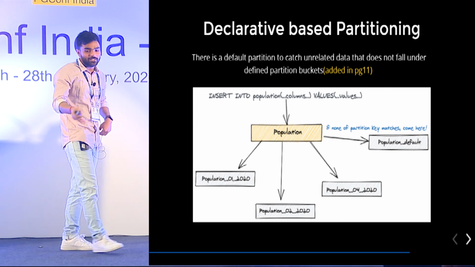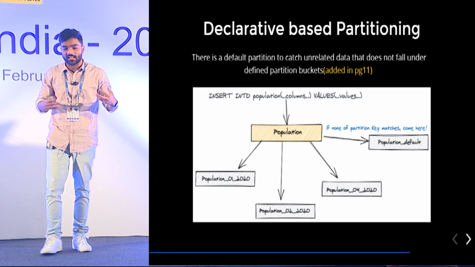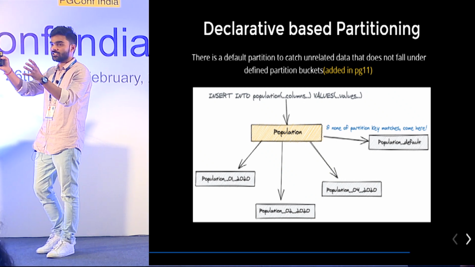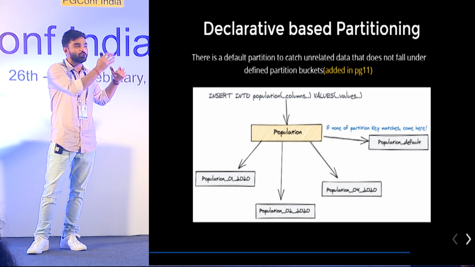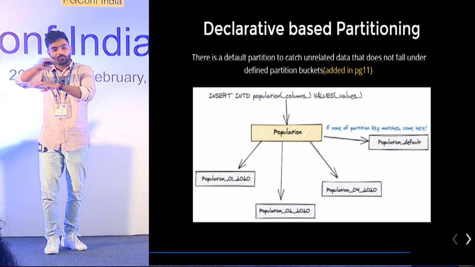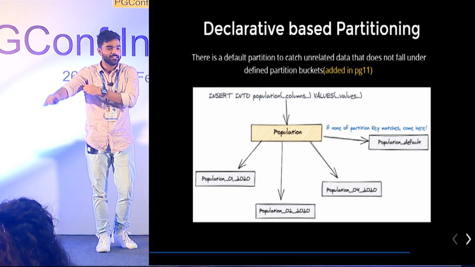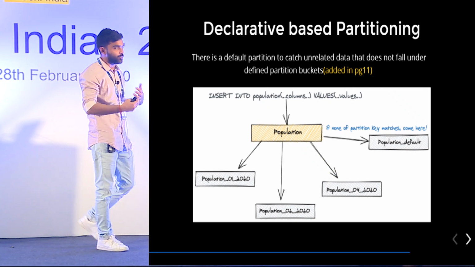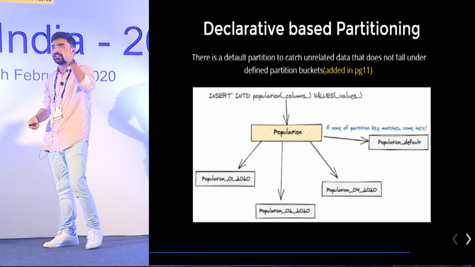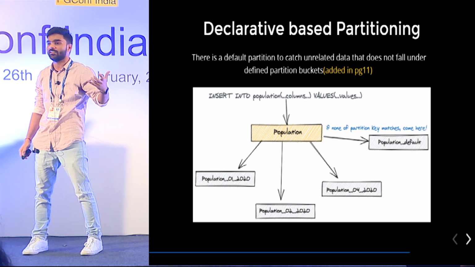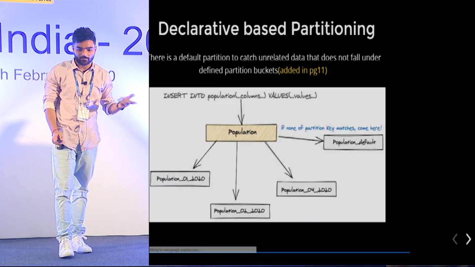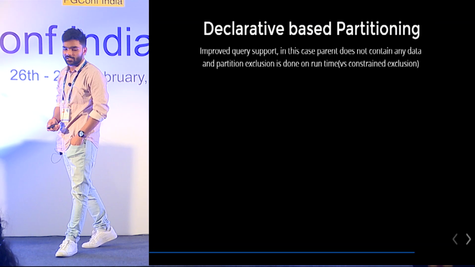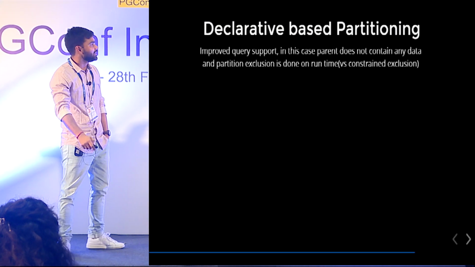How that changes with Postgres 11 is you have something called a default partition. You can specify that this partition is the default. If a value does not belong to any of the partitions, send it to the default partition. And in queries, it will query the default partition and the relevant partition also. So that is one of the major updates provided in PG11 with regards to declarative partitioning.